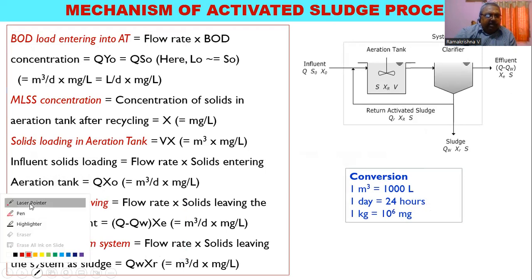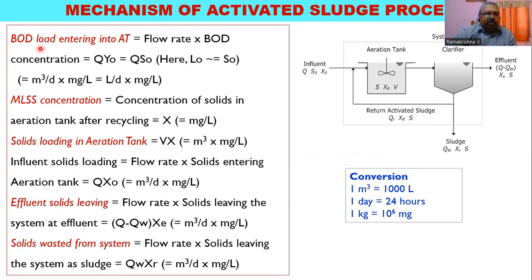Here, if you look at the BOD load entering into the aeration tank, the first thing we should know is the BOD load entering into the tank. This is calculated as the flow rate multiplied by BOD concentration. So Q is the volume flow rate, and Y naught is the concentration of BOD.